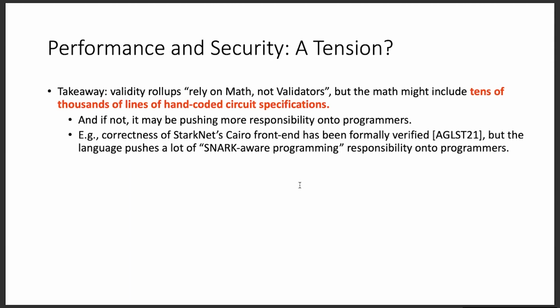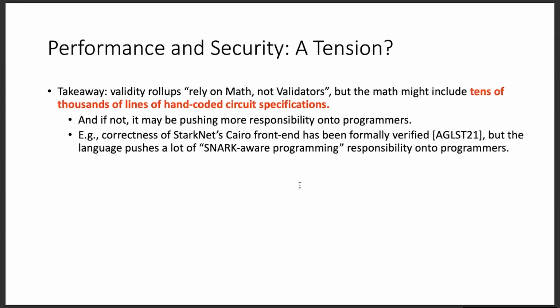Now, I guess the main project maybe that's not doing this sort of complicated hand-coded circuit specification is this Cairo compiler. But that's also pushing more responsibility onto programmers. So it's not clear that that's less bug prone. It's just the bugs might be coming from the programmers who aren't necessarily expert on SNARKs. I do want to mention a nice paper I learned about recently.